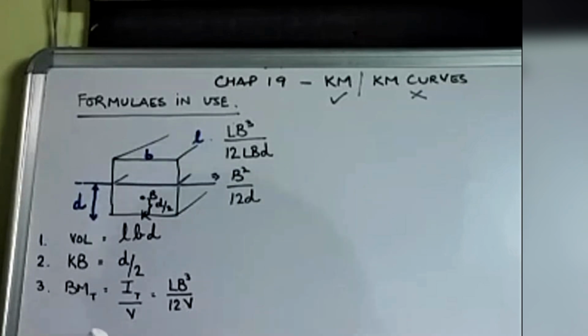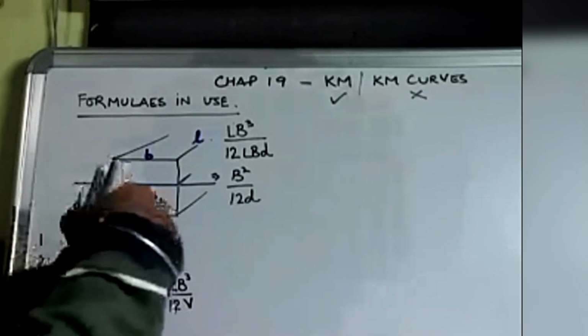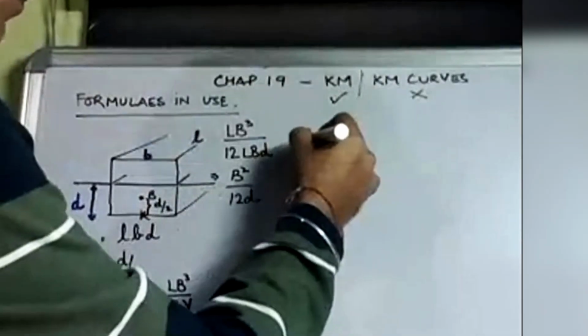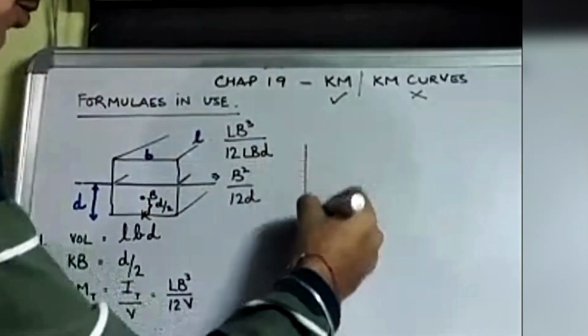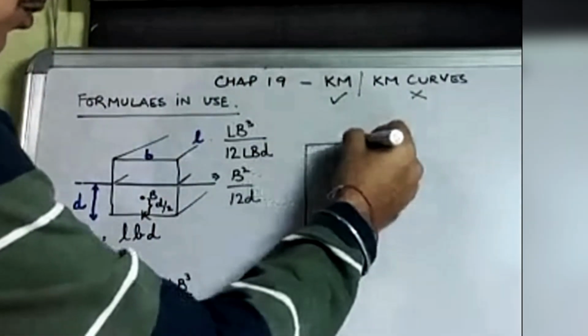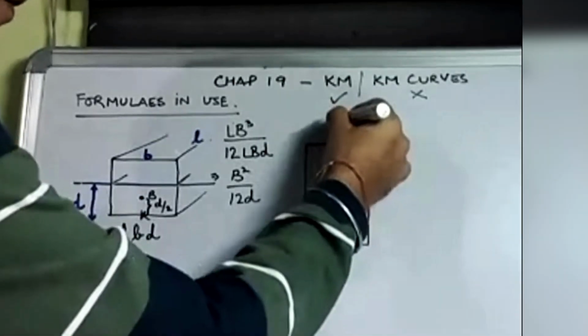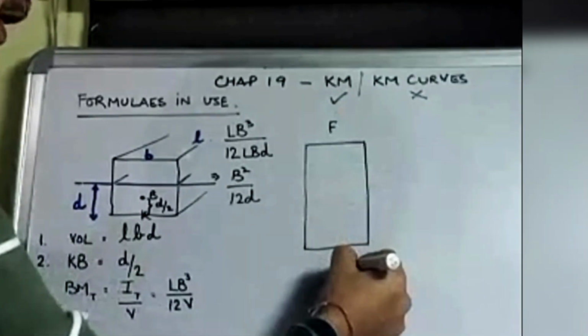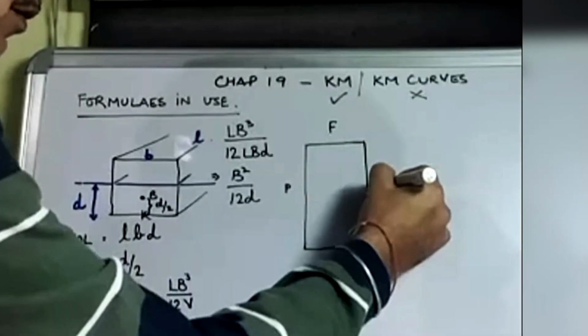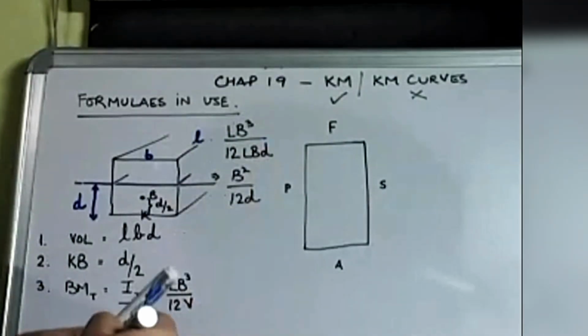So basically, if this be the top view, this is forward, this is aft, this is port, this is starboard.